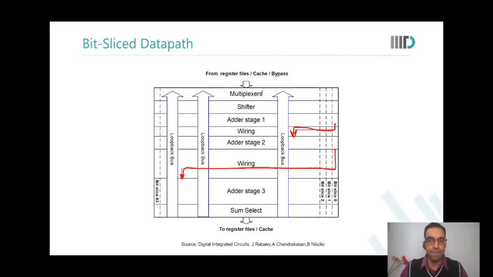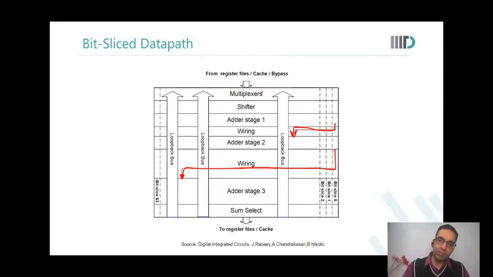Sir, so basically this bit slice represents the complete data path, right, sir? Yes, for one bit. But sir, how can we be sure that in a particular architecture, suppose you have n bit slices, then all the n bit slices are identical? They may not be. Look here, what did we do?